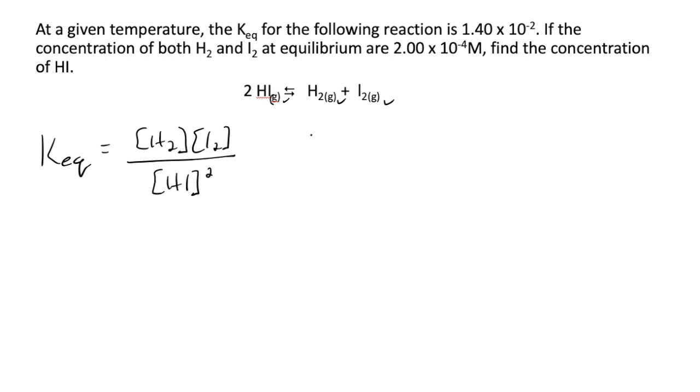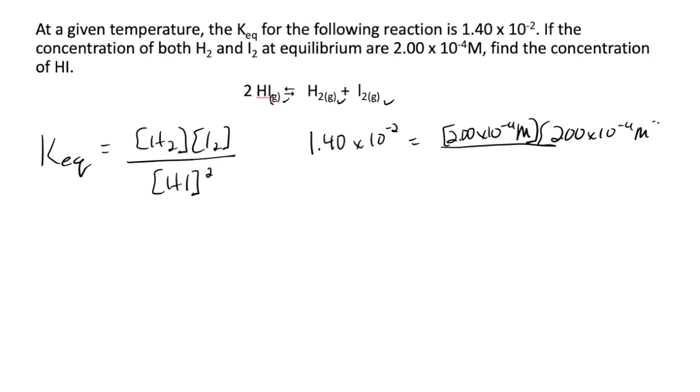So going ahead and plugging in my numbers, I have 1.40 times 10 to the negative 2 for the equilibrium expression, divided by 2.00 times 10 to the negative 4 molar times 2.00 times 10 to the negative 4 molar.